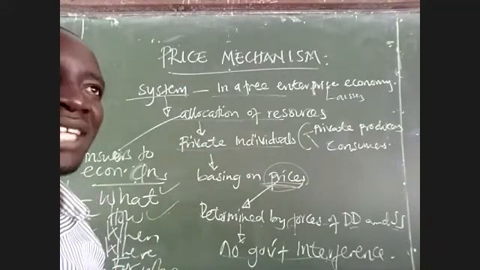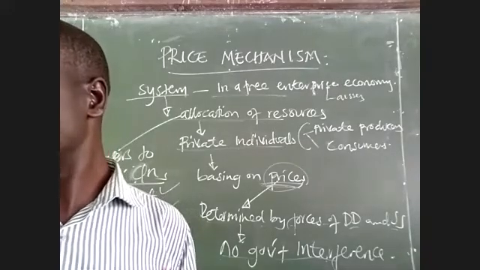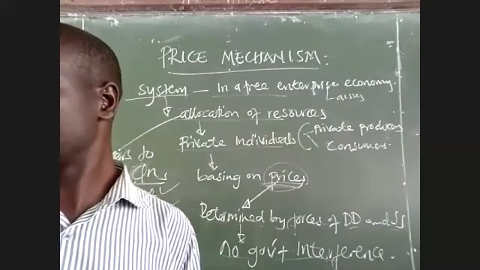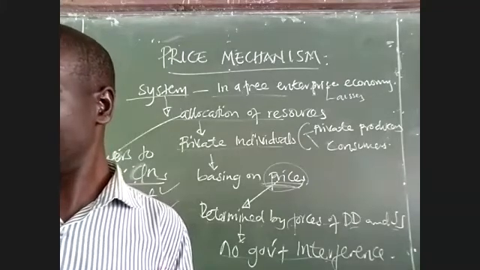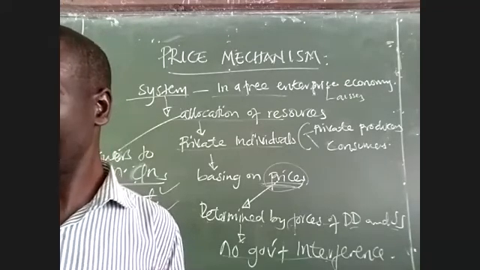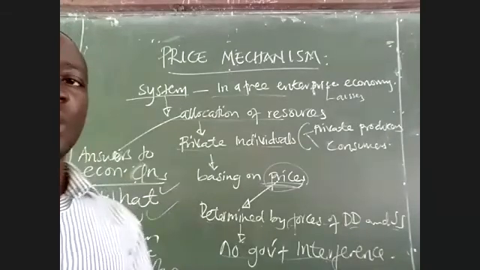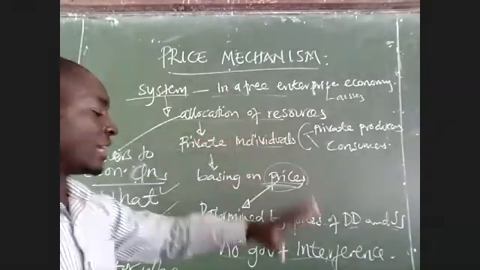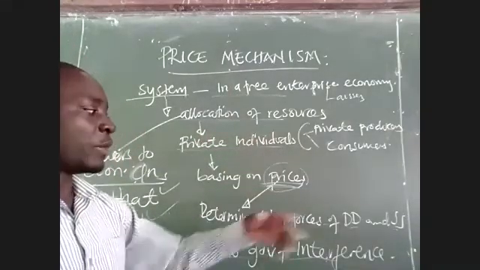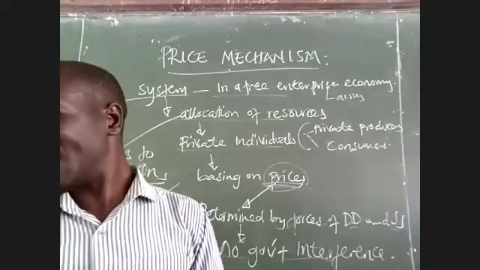And we have some assumptions there. You can revise about those assumptions. They're not difficult to read, but of course I will talk more about them when we meet. For instance, there is no government interference. In fact, the majority of the assumptions come from the definition. Then the prices are determined by forces of demand and supply.